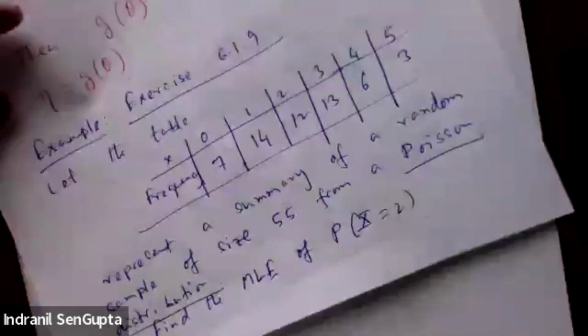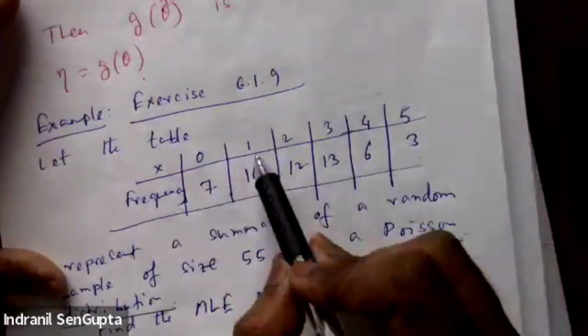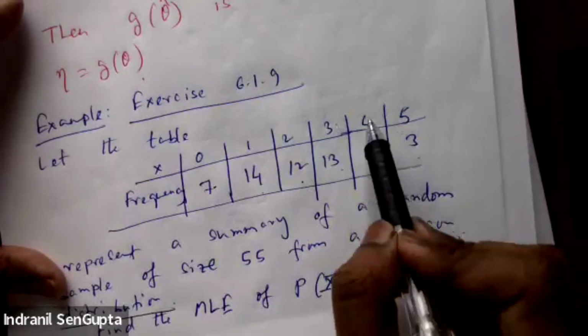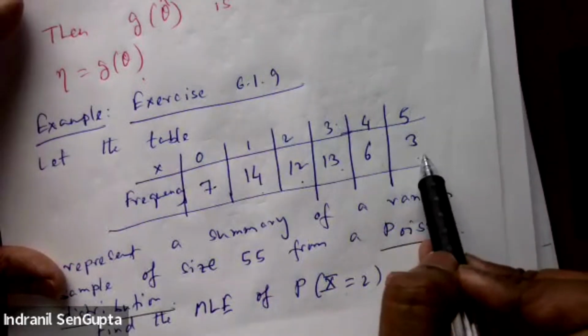So note that 0 repeats 7 times, 1 repeats 14 times, 2 repeats 12 times, 3 repeats 13 times, 4 repeats 6 times, and 5 repeats 3 times.